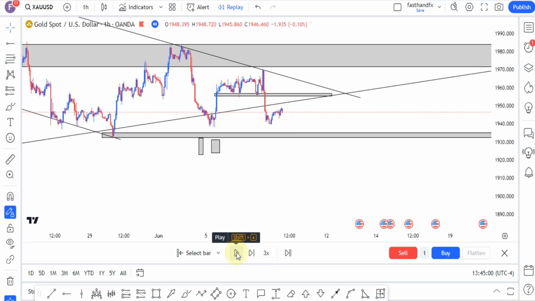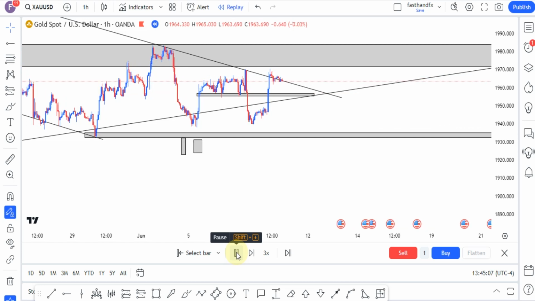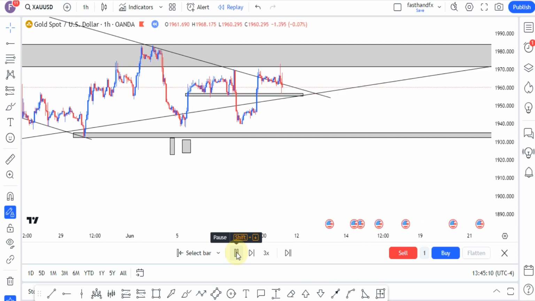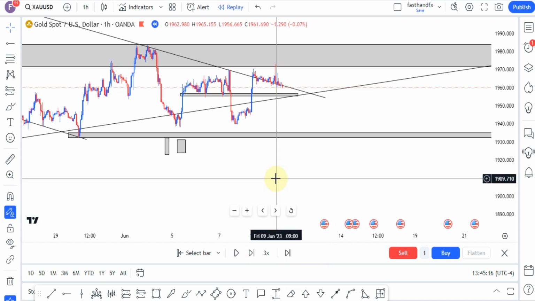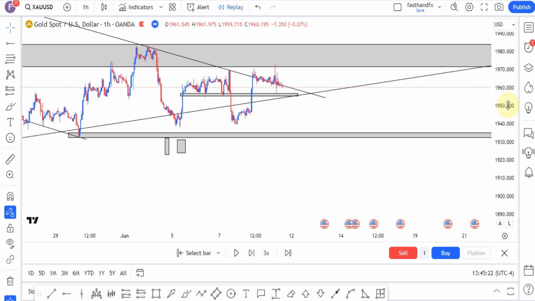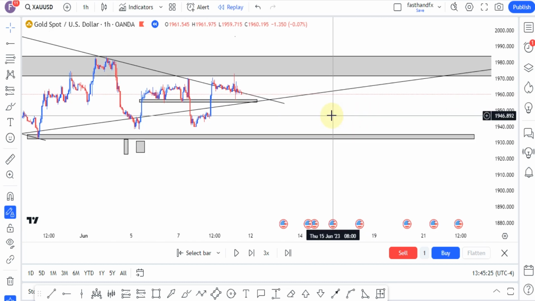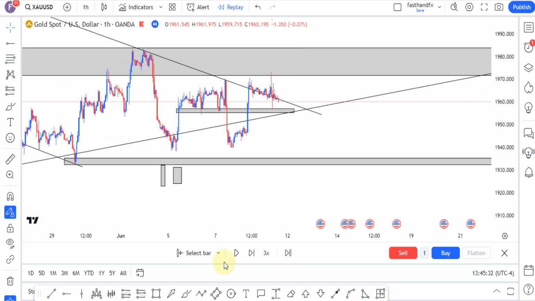The market did come down all the way here, gave us some kind of correction, but it didn't respect it, because you see it didn't respect this correction.